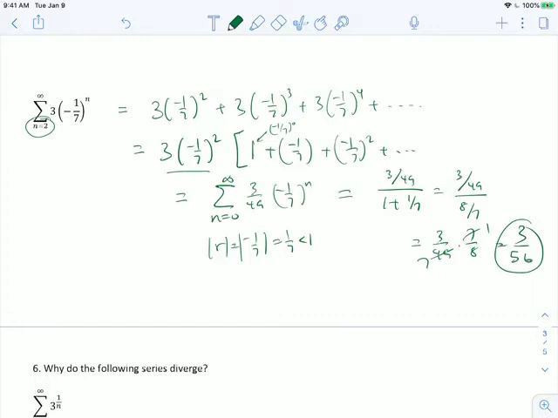So I will point out another way to think about this. Notice that 3/49 was actually the number I get when I take my term here and plug in.